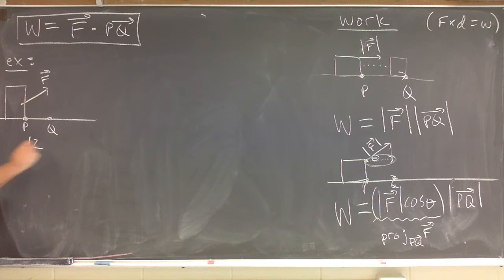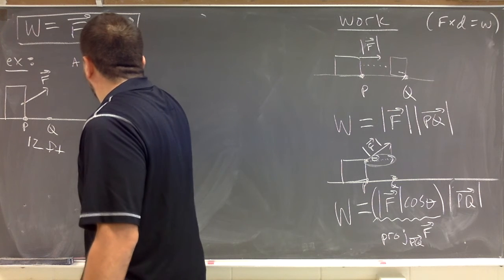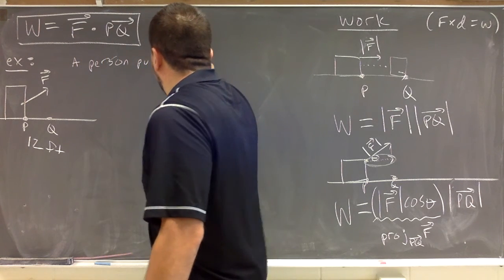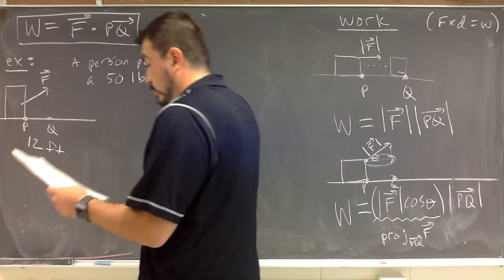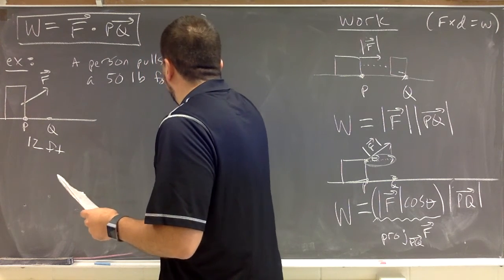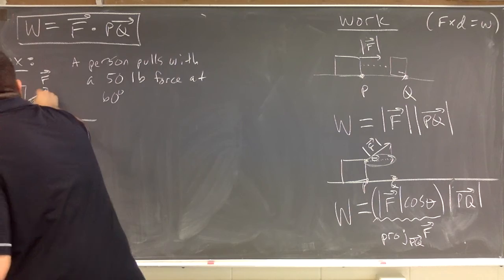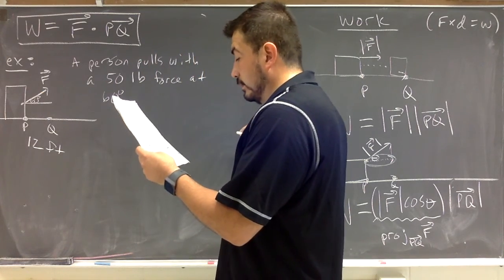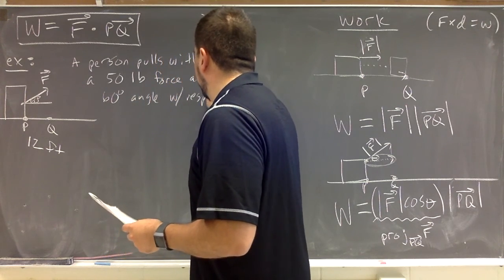Let's say that this has a distance of 12 feet, and a person pulls with a 50-pound force as shown. At 60 degrees, let's say this is 60 right here. Okay, at a 60-degree angle, with respect to the ground, to the floor.